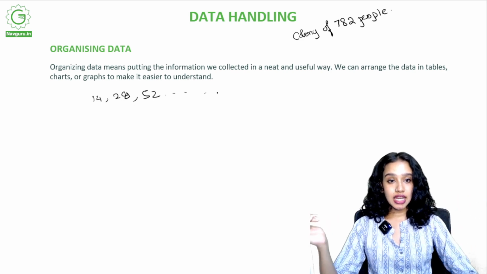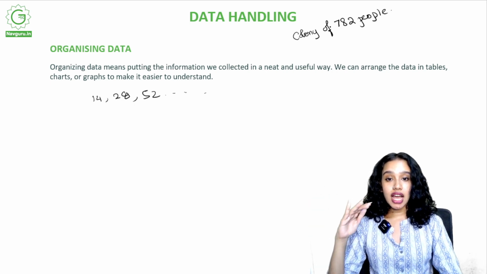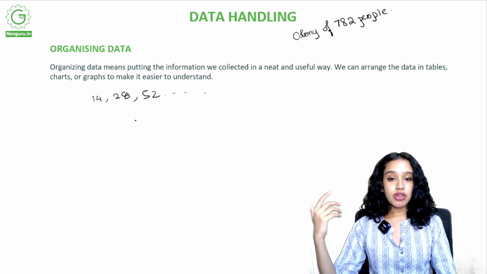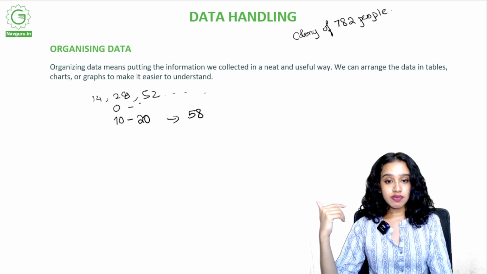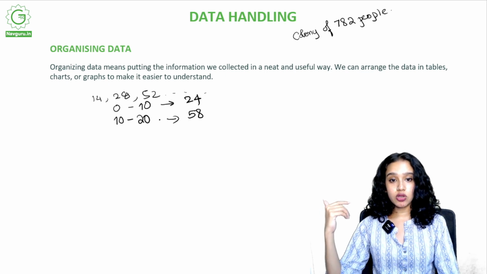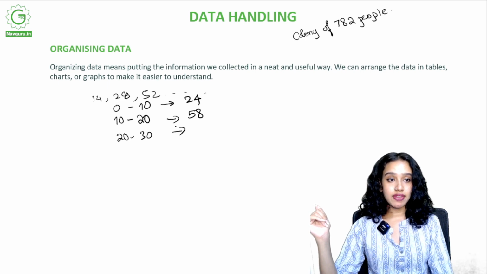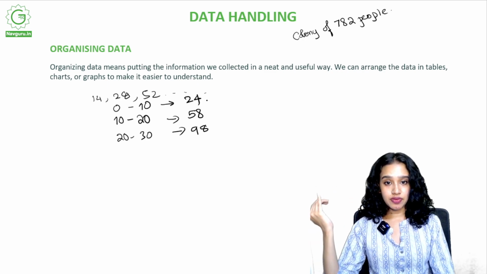Now, when we have a table, a graph or a chart, we can understand what the data is very easily. For example, if I say there are 58 people in the age group of 10 to 20, 24 kids in the age of 0 to 10, and among 20 to 30 we have 98 people, this is a way of arranging data, right?